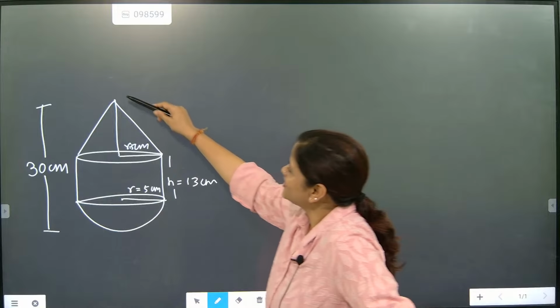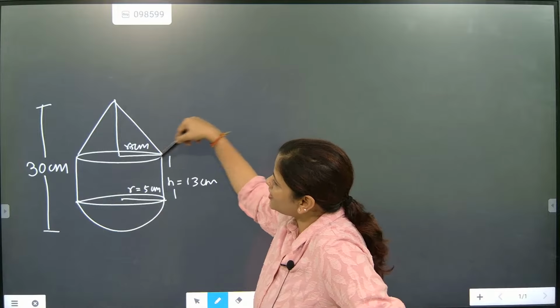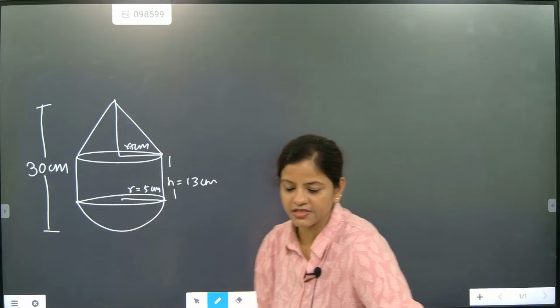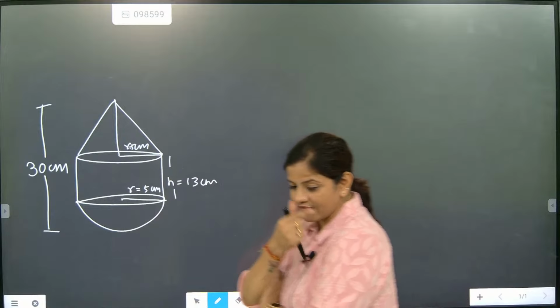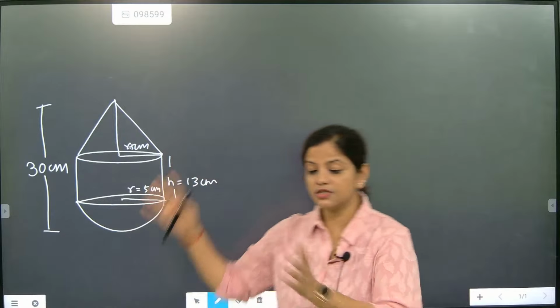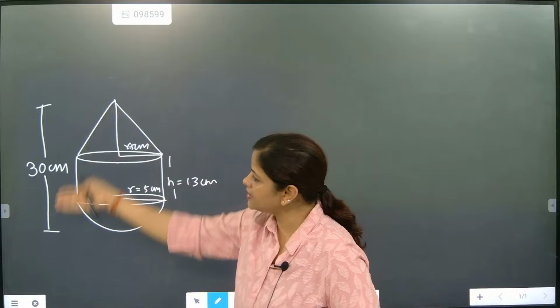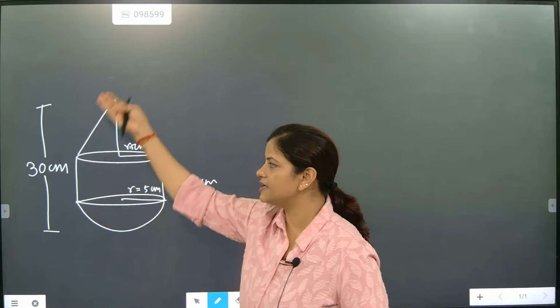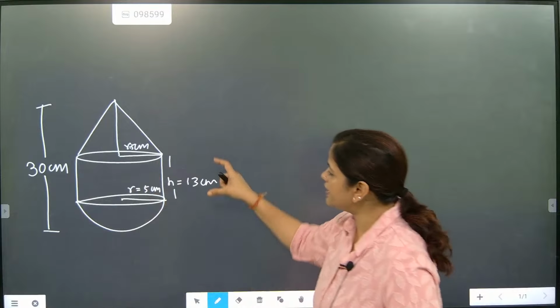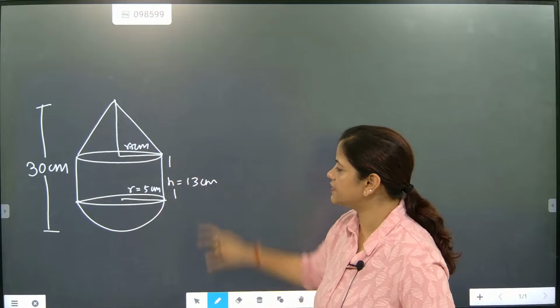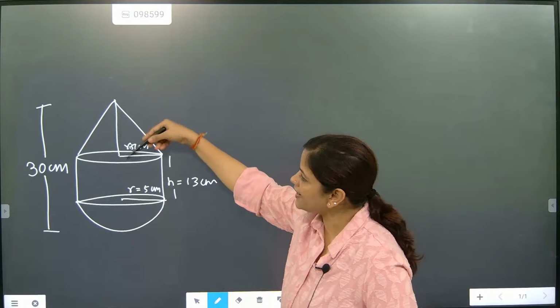Now look here. So radius is exactly coming as 5 centimeters. Total height of the toy is given. Now let's see some work. This is a toy. You have to find the surface area of the toy. Total height is exactly 30 centimeter. Cylinder part is given as 13 centimeter. This part height is not given.